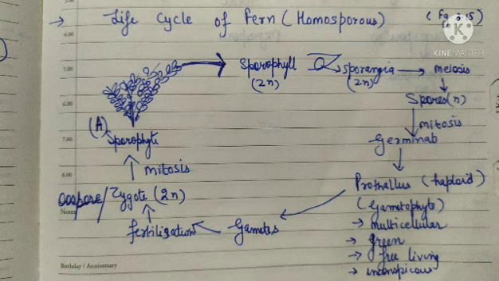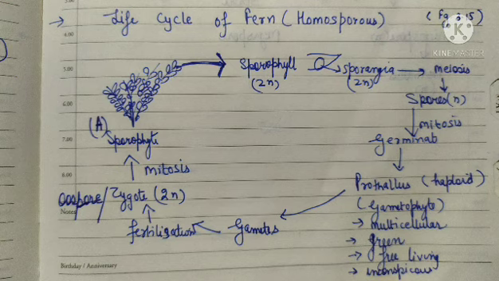Now dear students, let us know the life cycle of fern, which is a homosporous pteridophyte. A homosporous pteridophyte is one which has spores that are all similar in size. So here, the main plant body is the sporophyte, diploid.